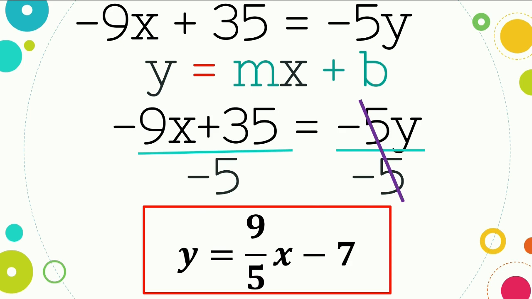Therefore, we will have y equals negative 9x divided by negative 5 is positive 9 over 5x. Then, 35 divided by negative 5 is negative 7. Therefore, the slope-intercept form of negative 9x plus 35 equals negative 5y is y equals 9 over 5x minus 7.